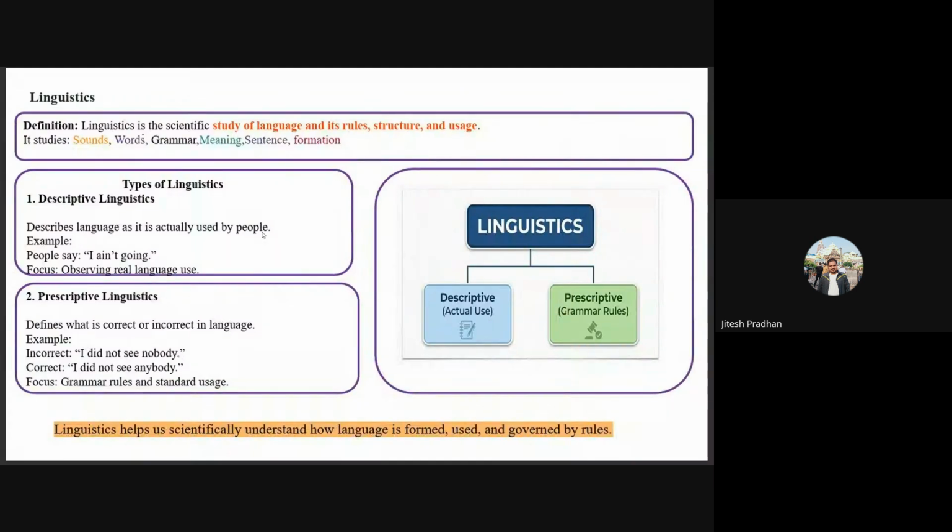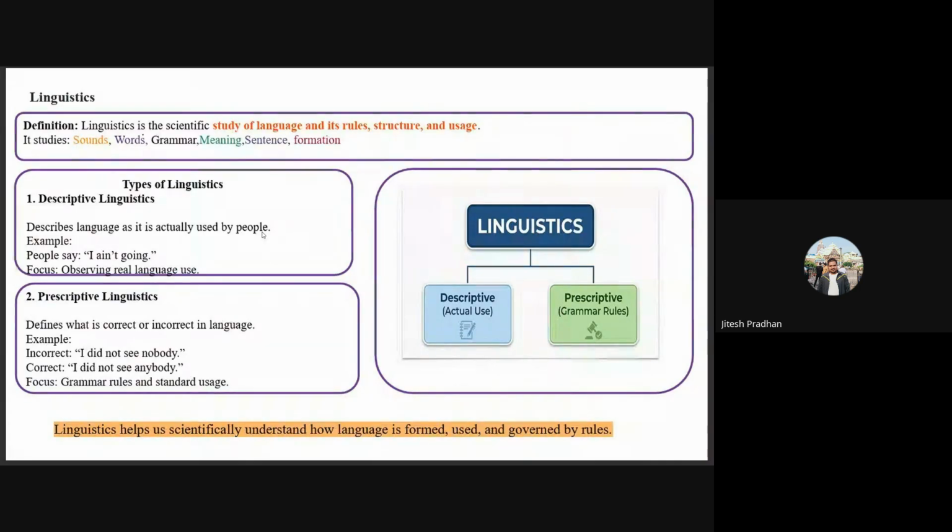Now let's come to linguistics. What is linguistics? In NLP, linguistics helps the computer understand, interpret, and generate human language. Linguistics is the scientific study of language and its rules, structure, and usage. Why a scientific study?